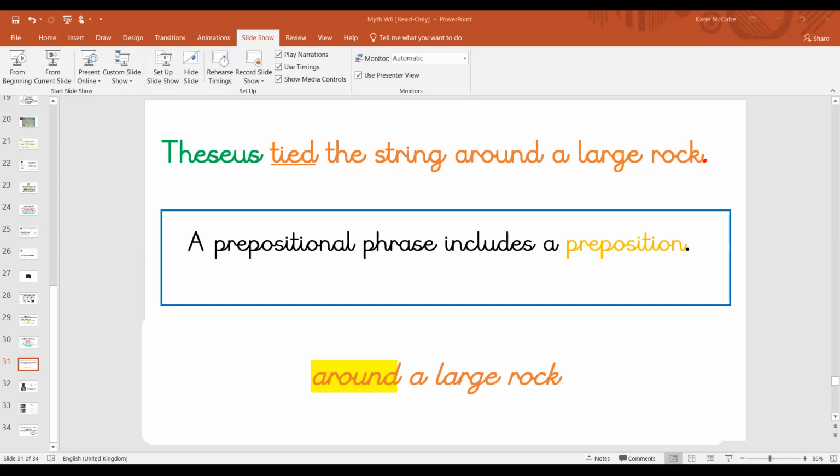And remember, my string was being tied around the rock. Pause the screen and write that key knowledge into your books now, Year 3. Okay, so now let's use this knowledge of what we know a prepositional phrase is to identify prepositional phrases in some sentences ourselves.